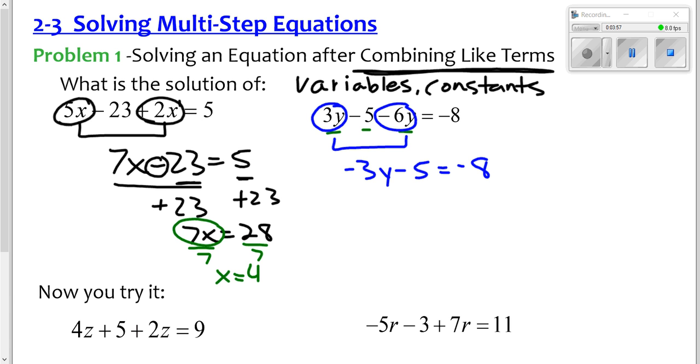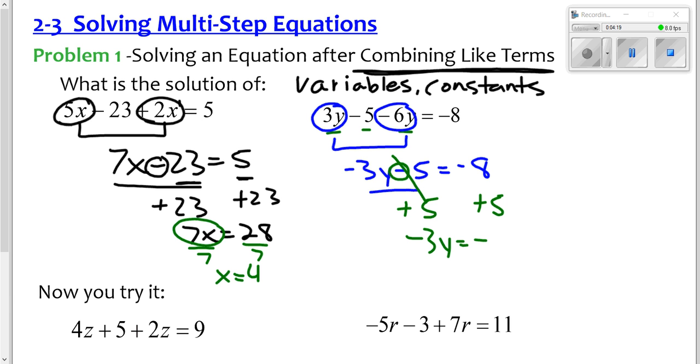Now I've got two terms left in my problem, so now I can start solving it. So in this case, there's my operation. I'm going to do its inverse, so I'm going to add to both sides. That's going to go away for me. So I'm going to get negative 3y equals negative 8 plus 5.